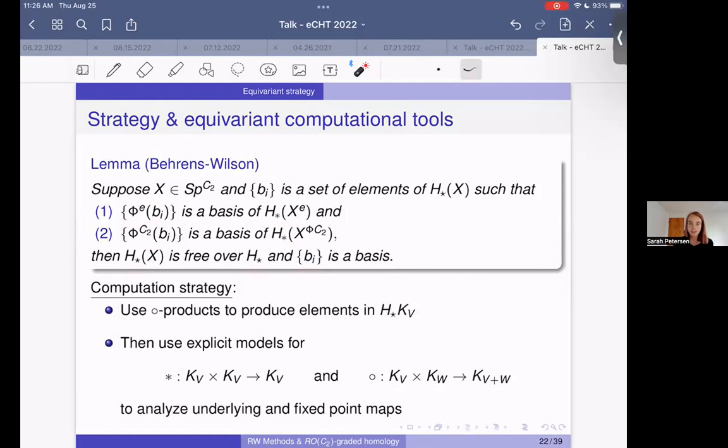So the computational strategy that I use is to use circle products to produce elements in the homology of K_B, and then use the explicit models for the star and circle product to analyze the maps to the underlying and fixed points.